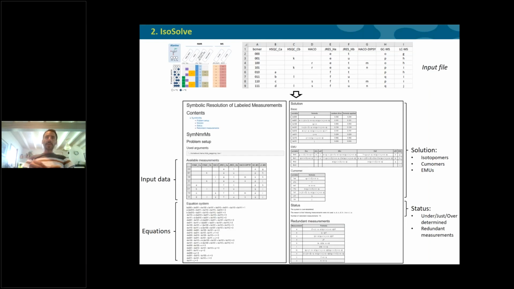Once we run IsoSolve, we end up with this kind of report where briefly we have the input data, the equations which are derived out of that, the solution, and some status information on whether the system is over-, just-, or underdetermined, if we have redundant measurements, and so on. If we have redundant measurements, we can obtain information on the origin of this redundancy. So basically, do we need to apply MS, NMR, and so on to get this extra information?